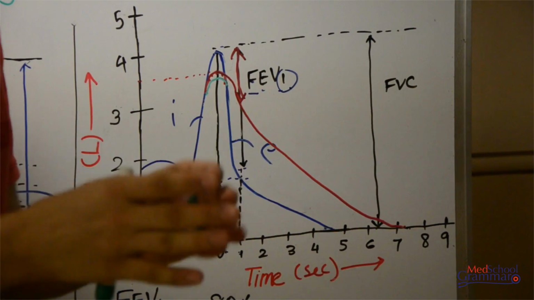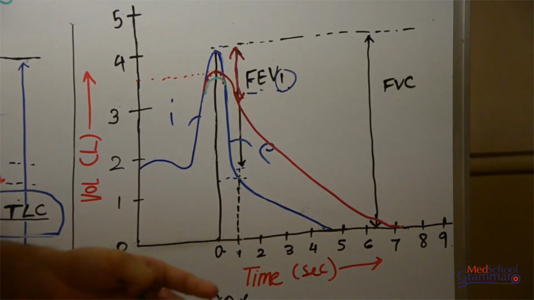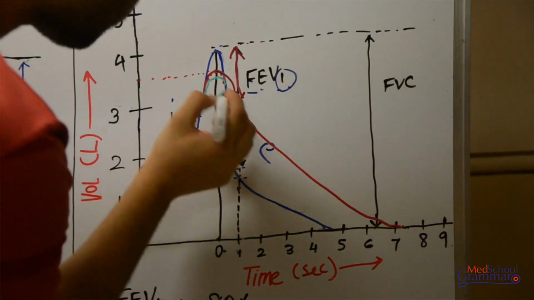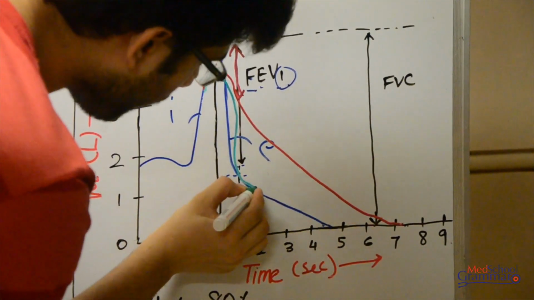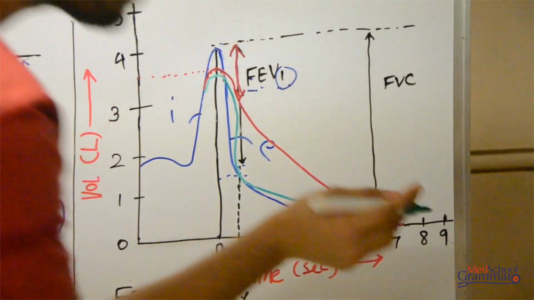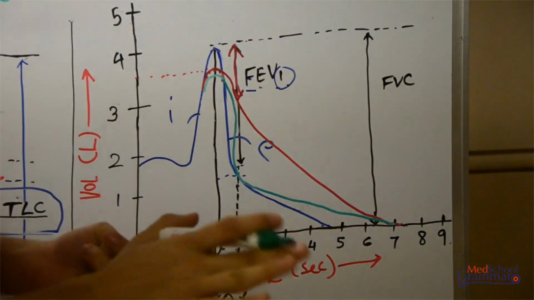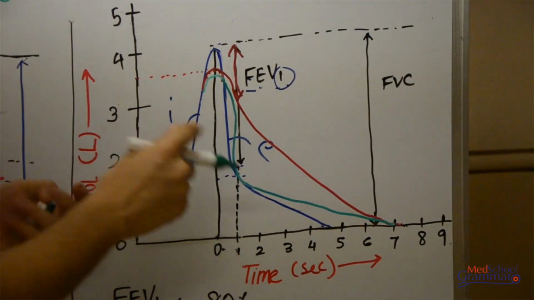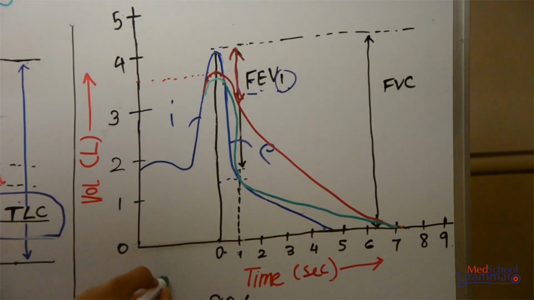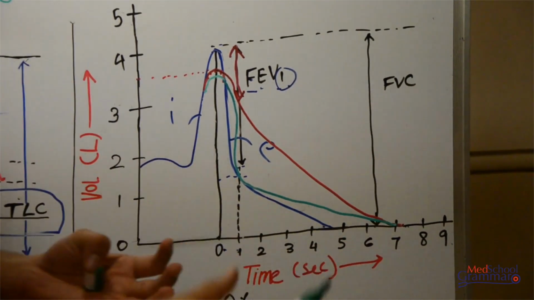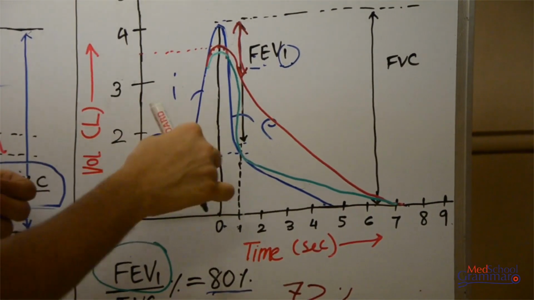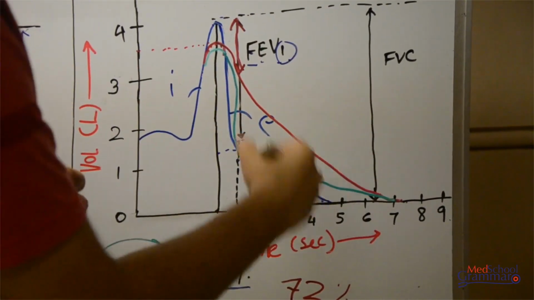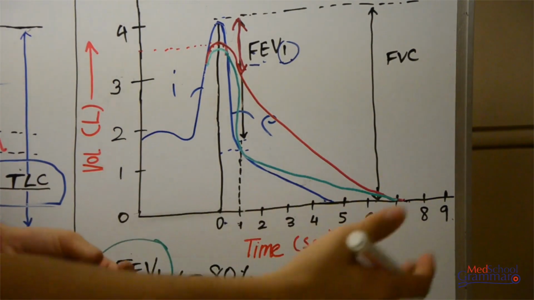Since the deflation of lungs is not decreased, the FEV1 almost remains the same. Once again, in restrictive, the FEV1 almost remains the same as that of normal, but the amount of time taken is more than the normal.